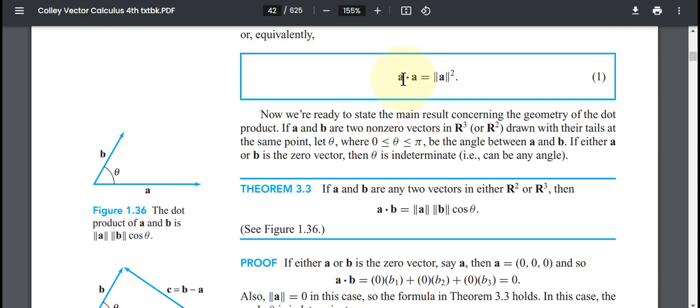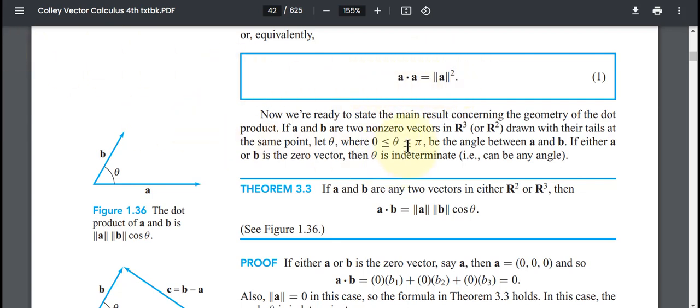So what about something like A dot B? Well, maybe it's the norm of A times the norm of B, because A dot A is in that form. We could say A dot A is the norm of A times the norm of A. Maybe A dot B is the norm of A times the norm of B, following in these footsteps.